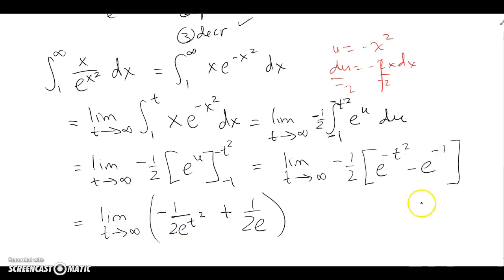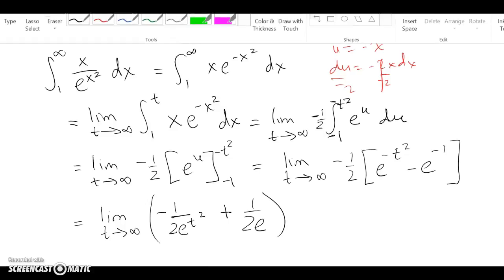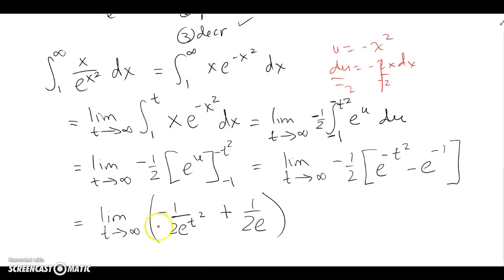E to the negative 1, I brought back down and made it e to the 1 in the denominator, and then negative and negative, of course, is positive. Now if we look at the limit as t goes to infinity, I have negative 1 over 2e to the infinity, so this piece just goes to 0 as t goes to infinity, and it means the limit is actually 1 over 2e.